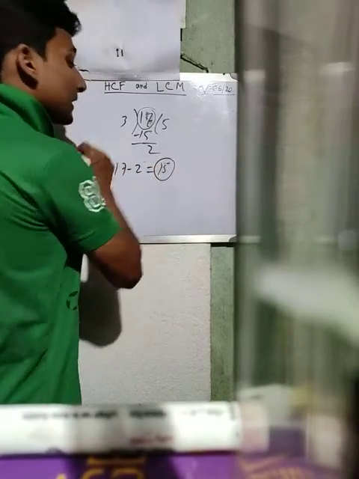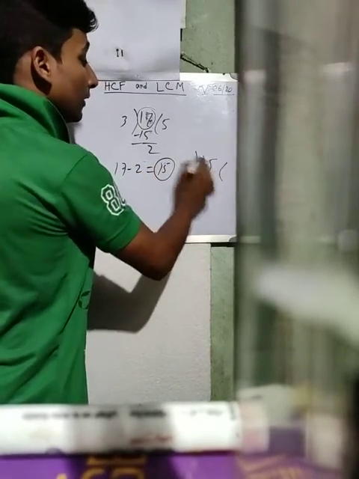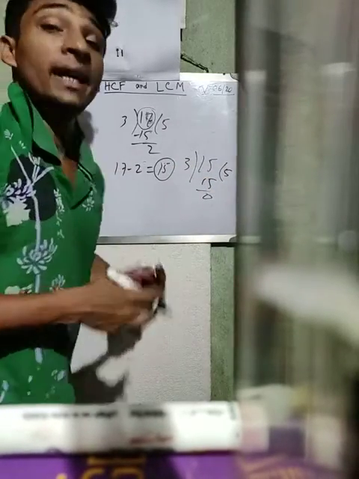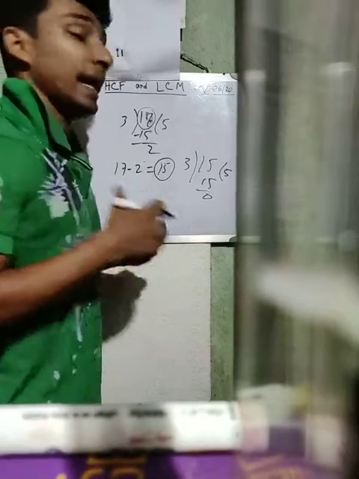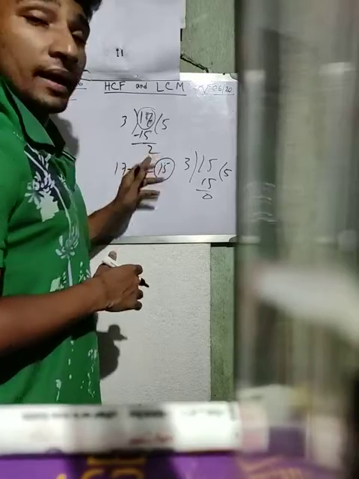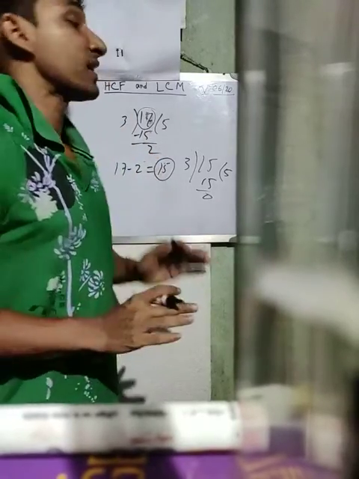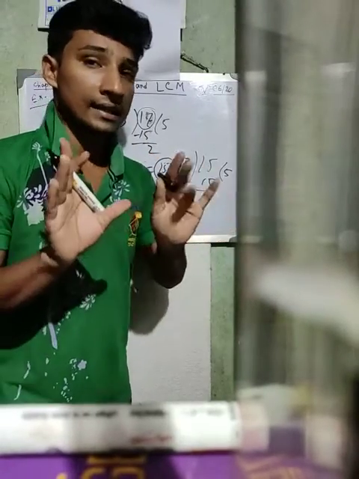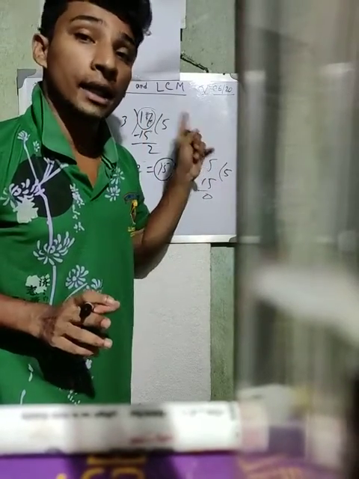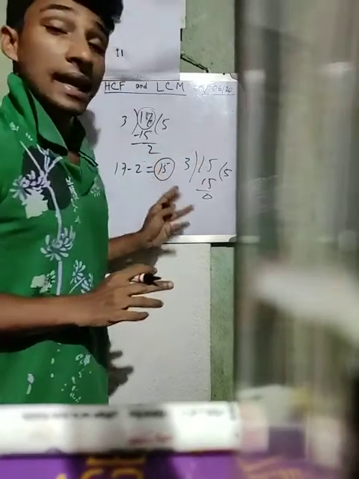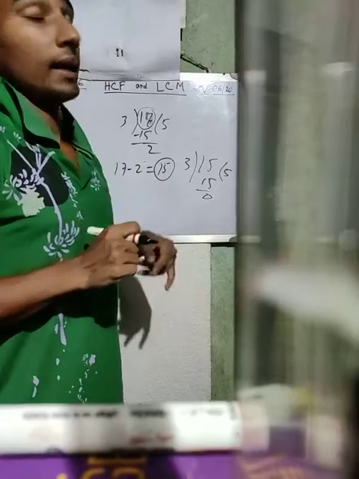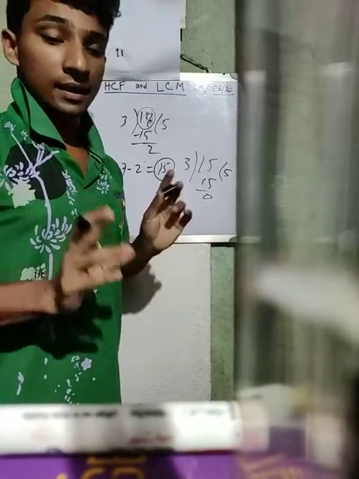Now see, 15 is exactly divisible by 3: 3 fives are 15, remainder 0. Just understand this line: if we subtract the remainder from the dividend, then the result is exactly divisible by the divisor. And we know HCF is a divisor.